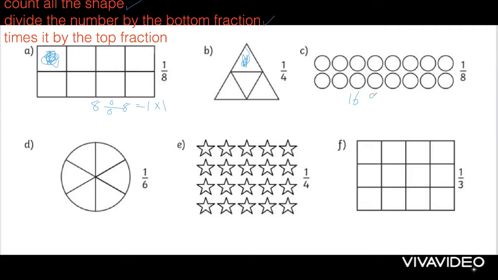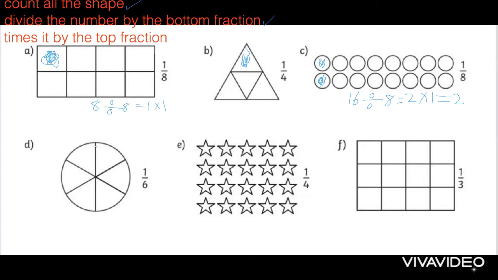So we do 16 divided by 8. So it's 2, because 2 times 8 is 16. You times it by the top, which is 2. So this tells us we need to only shade 2 circles. Easy as that.